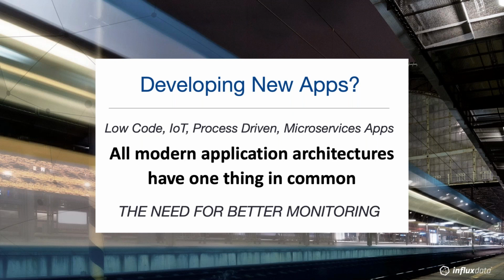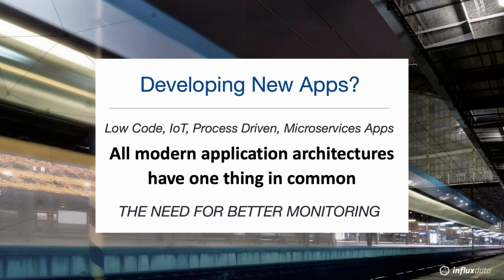Your app could be a process-driven app, for example, a mortgage approval app, which goes through a series of steps, or an IoT-driven app where it is getting data from sensors and exchanging information with sensors and devices. But no matter what kind of application you build, there is one thing that you will need, as all modern architectures have this thing in common. And that need is that they need better monitoring.